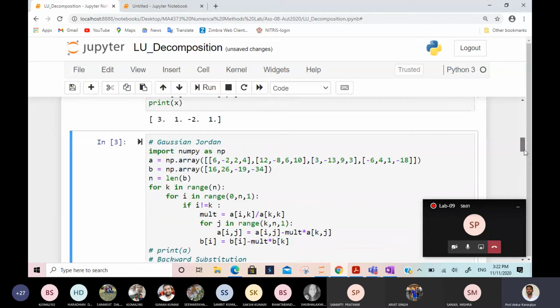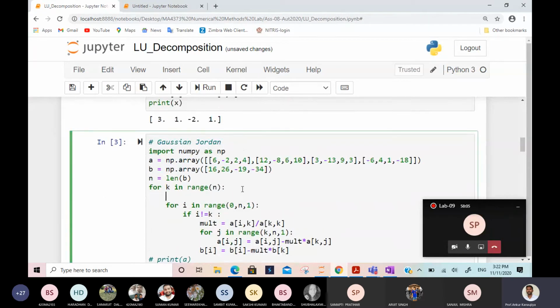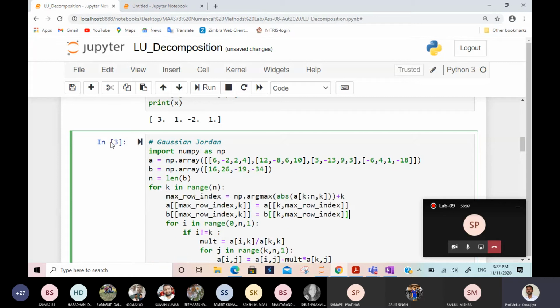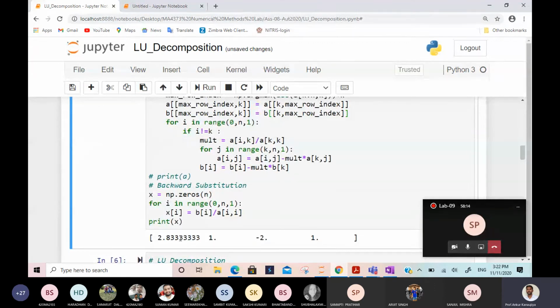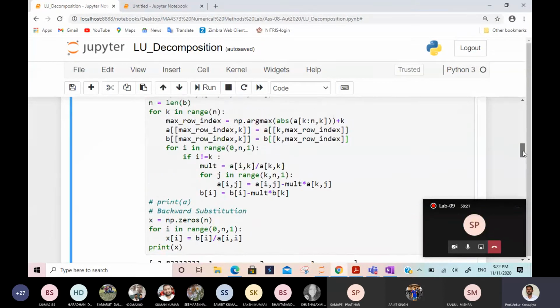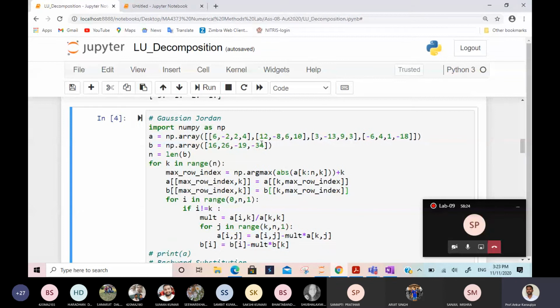Now I will add those three lines here in the Gaussian elimination, and if I run this, it gives some 2.8, 1 minus 2, 1. Can anyone tell what the problem is here? So I applied Gauss-Jordan over this problem.